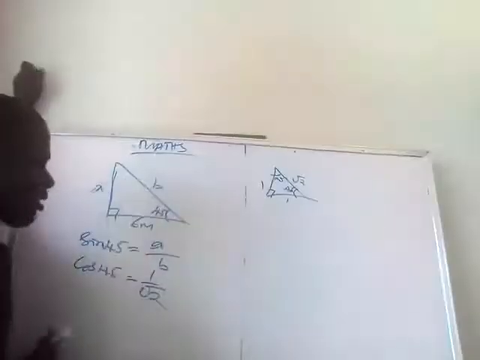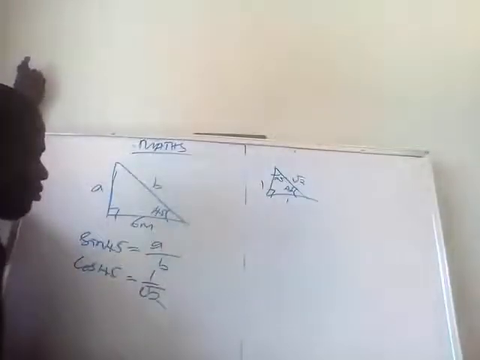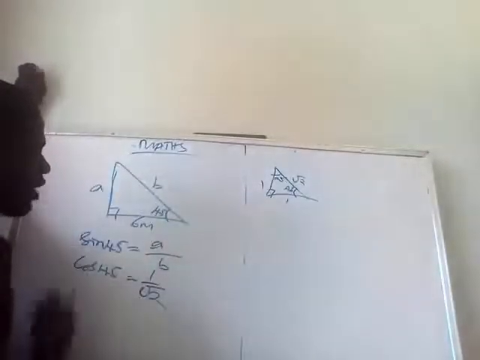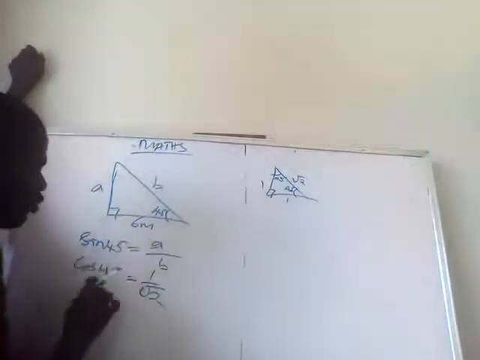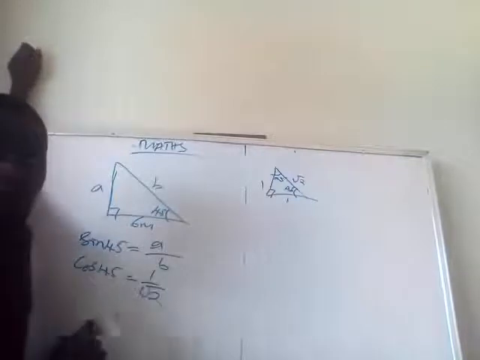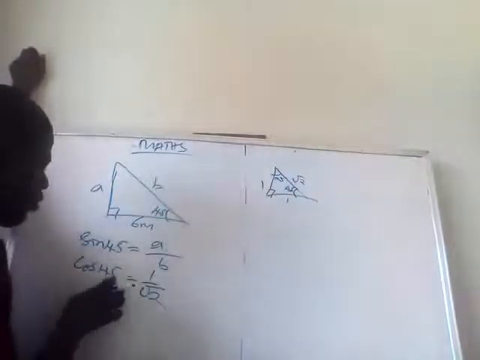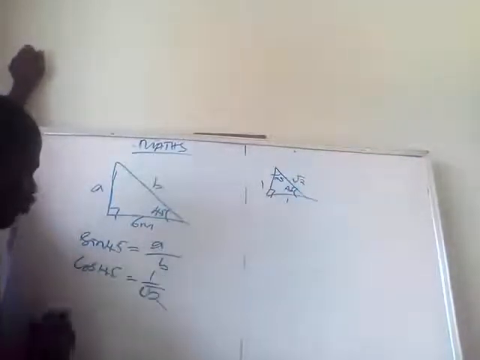So from here now we can solve. I just want us to use cos instead of sine because we have used sine before. So cos 45 is 1 over root 2.